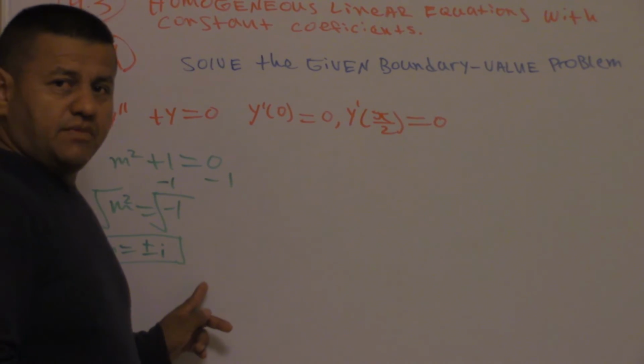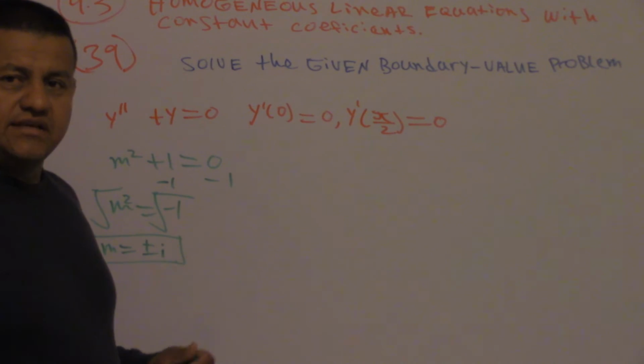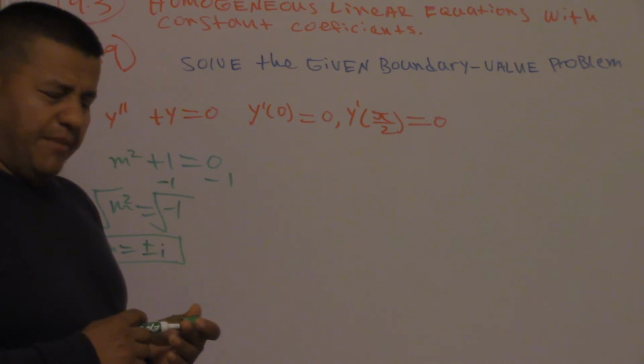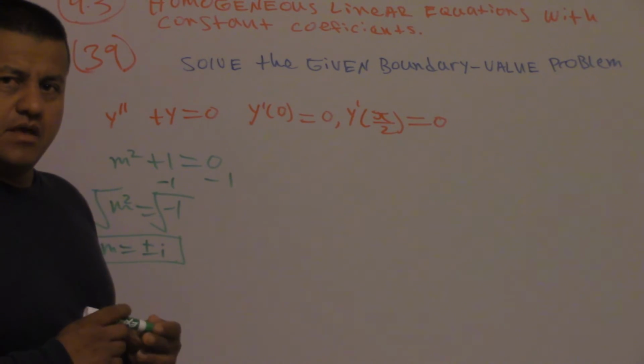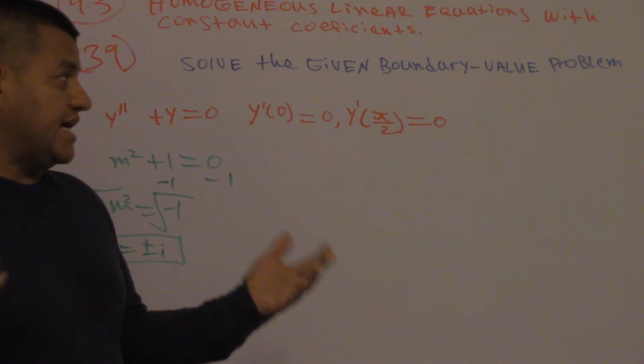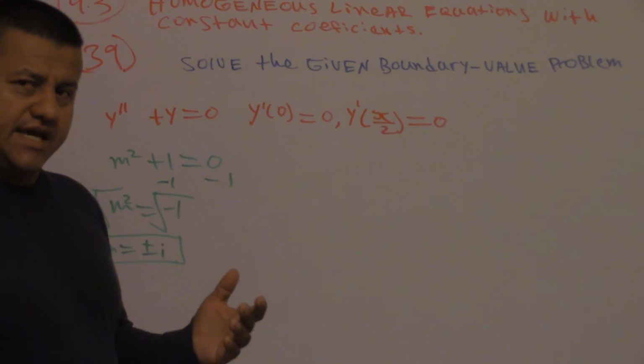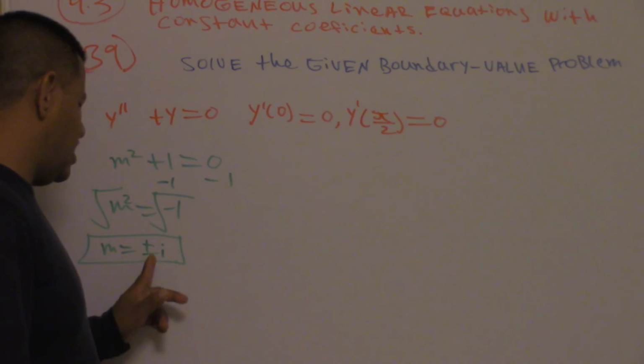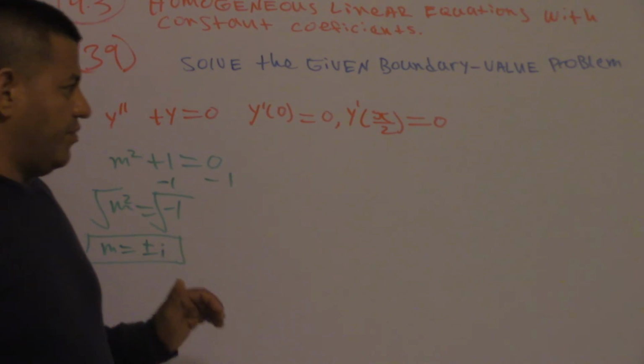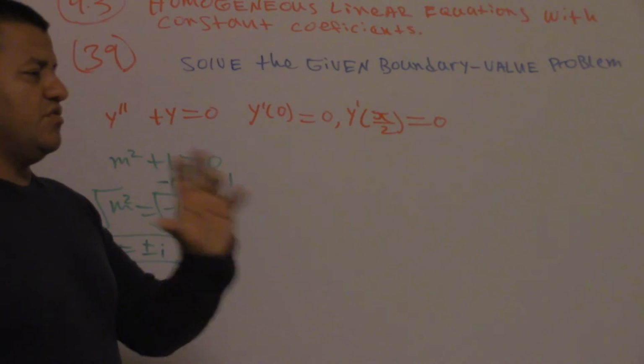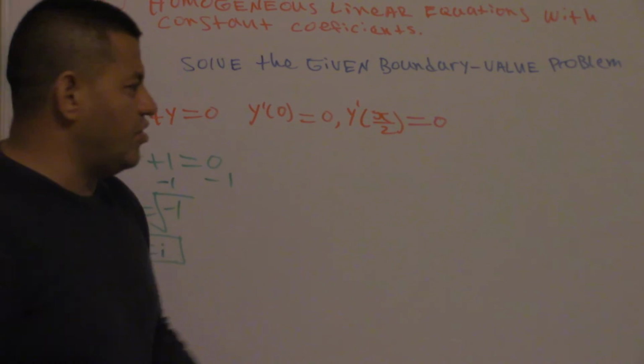Now, if I have a plus or minus i, what case applies in this case? Well, it's case 3. Why is it case 3? Well, because we have an imaginary number. We have an imaginary root, a complex root, in other words.